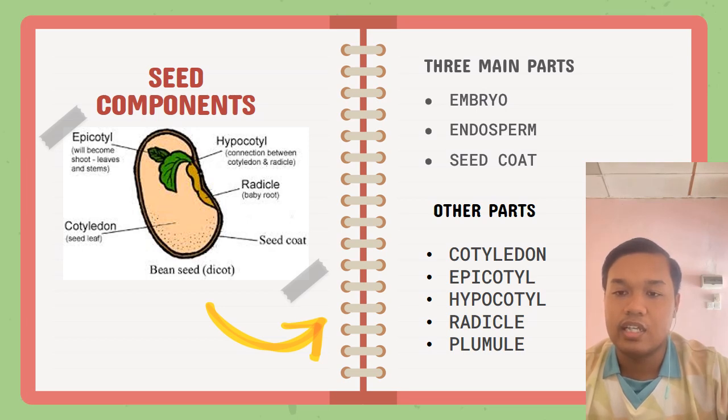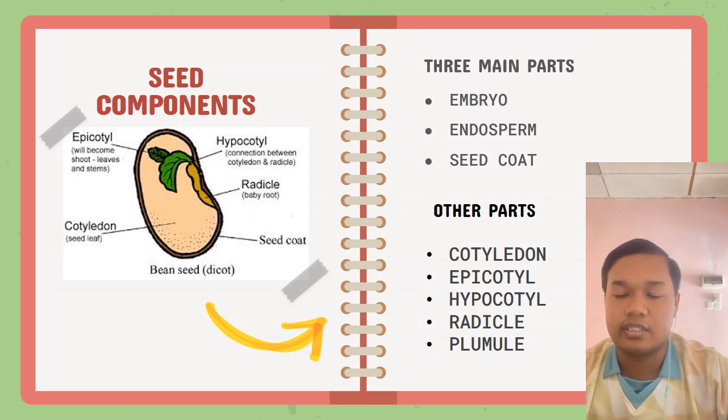And lastly, the cotyledons are seed leaves that may store nutrients or assist in nutrient absorption during germination. The number of cotyledons varies among plant species.